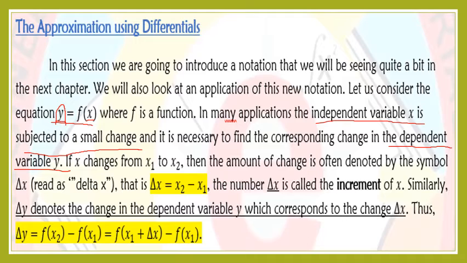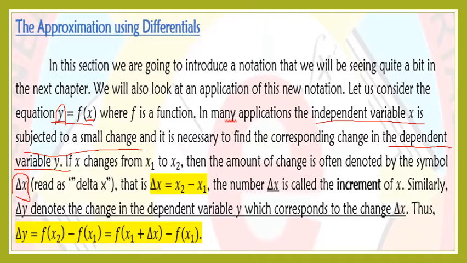Okay. If x changes from x sub 1 to x sub 2, then the amount of change is often denoted by the symbol delta x. Okay, this is read as delta x. Nakita ninyong parang may triangle and then the variable, that is, it is read as delta x. That is, delta x is equal to x sub 2 minus x sub 1.